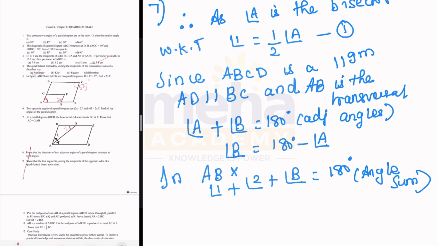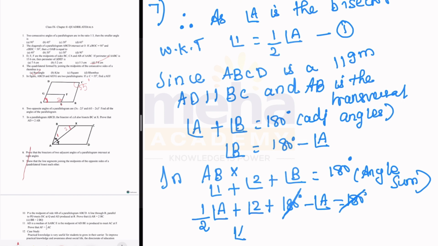Then we know angle 1 is equal to half of angle A plus angle 2, we'll keep it as angle 2 plus B is 180 degree minus angle A is equal to 180. So this 180 gets cancelled. If we take an LCM, it would be angle A plus 2 angle A minus 2 angle A is equal to 0.